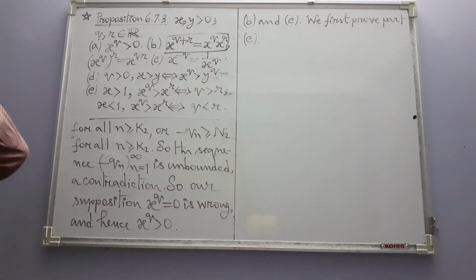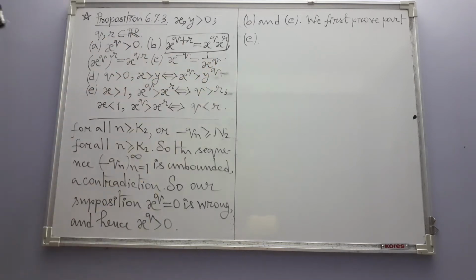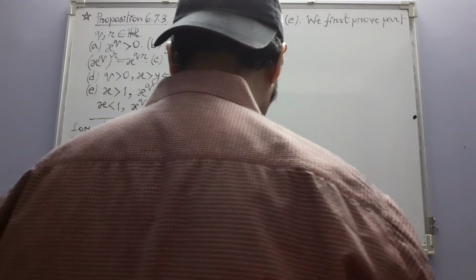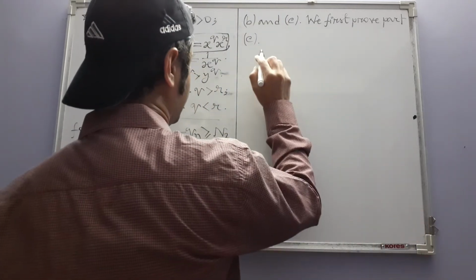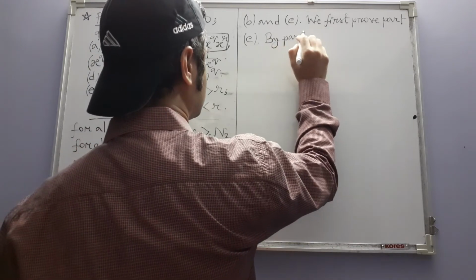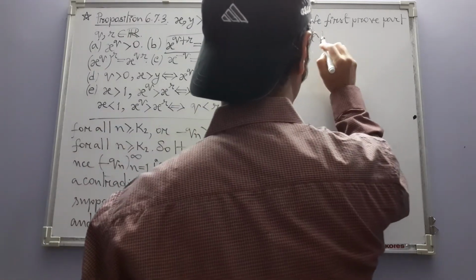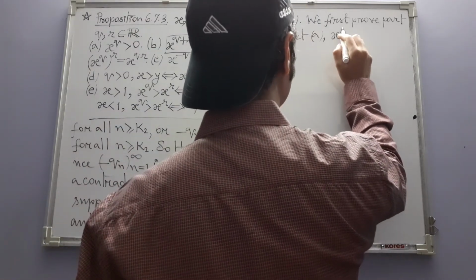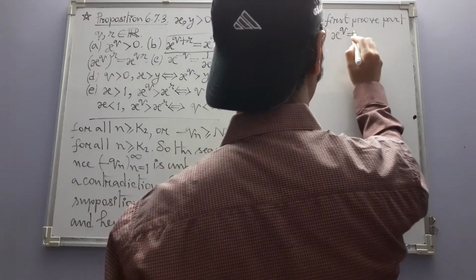Okay, so in part C we have to prove something like this. So how can one prove that? By part A, x to the power q is not equal to 0.